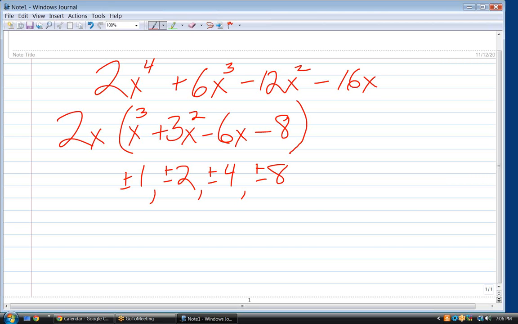Have you had upper and lower bound theory yet? I'm not sure. Okay, doesn't really matter.